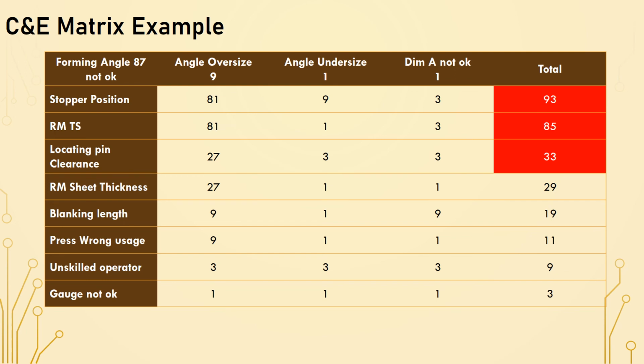The sum gives a total value, and based on the total value, all x's are prioritized, highest at the top and lowest at the bottom.